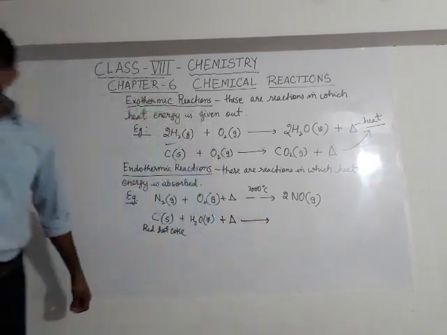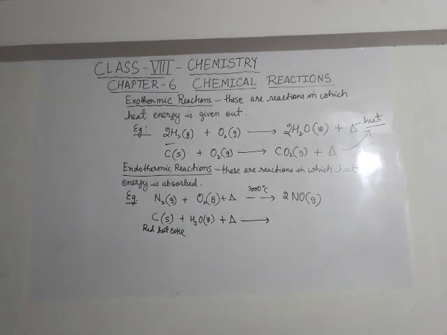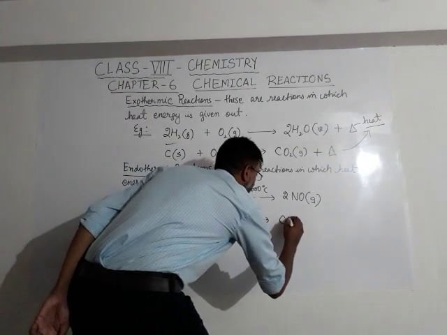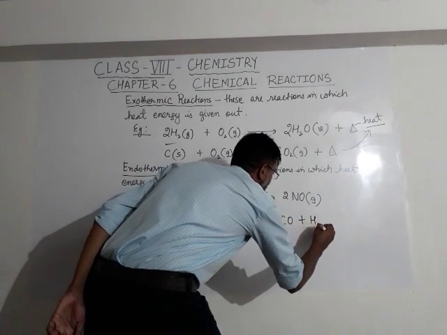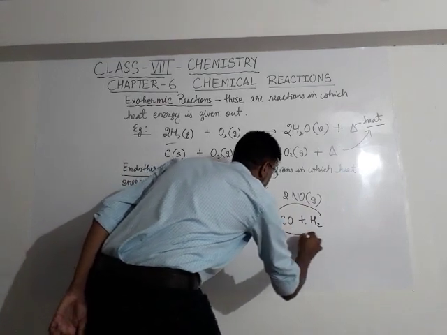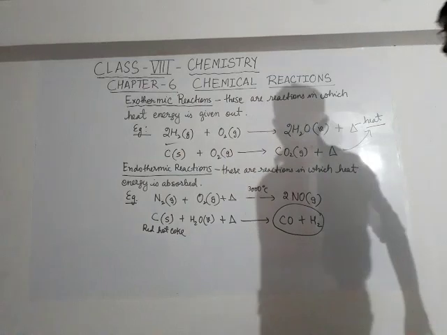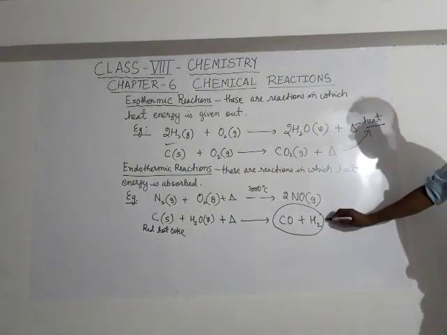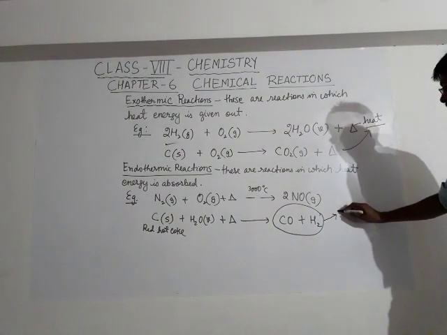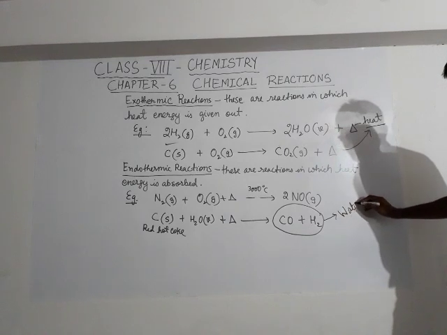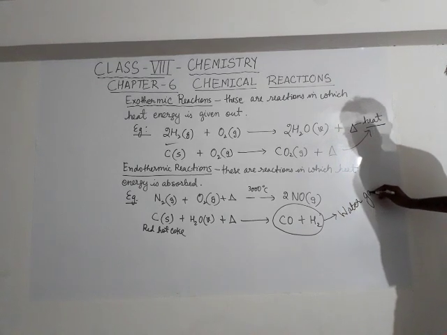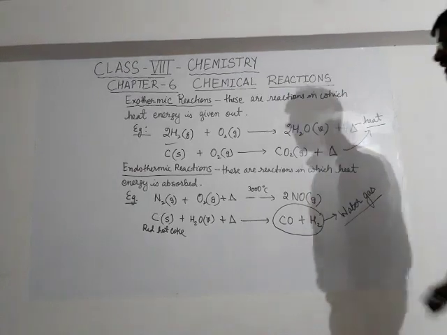It is forming carbon monoxide and hydrogen gas. You must have come across this in your previous chapter. This gaseous mixture of carbon monoxide and hydrogen gas is called water gas. It is a very important product in chemical science.